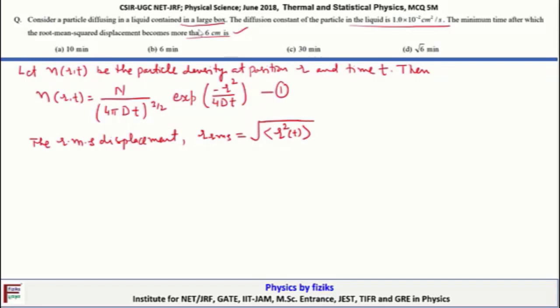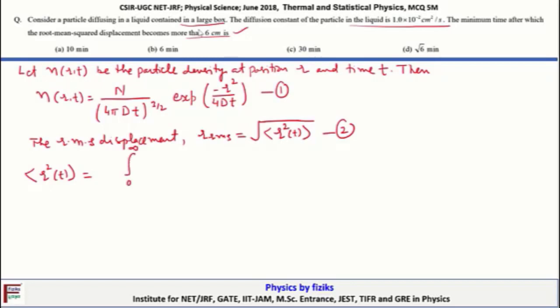Okay, so this is our equation 2. Now by definition this can be written as the r square average, that is equal to, so we are going to make use of the standard definition of finding the average.